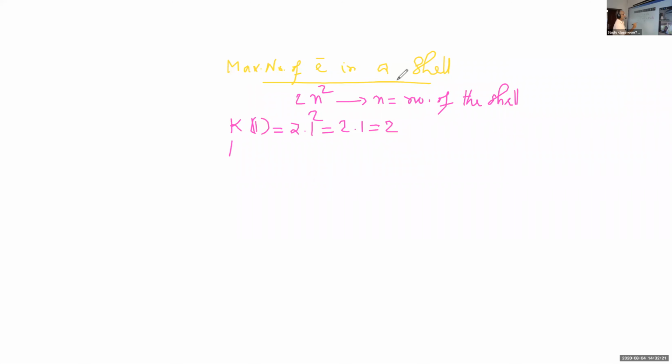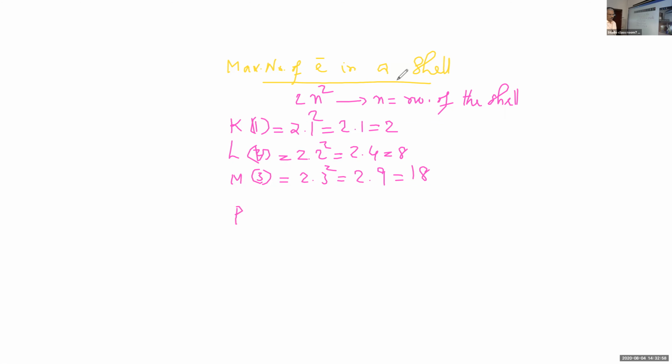L shell, maximum number is equal to 2 into 2 square, that is 2 into 4, equal to 8. Let us take one more. M, the third shell. So 2 into 3 square is 2 into 9, equal to 18, etc. What will be the maximum number of electrons in the P shell?